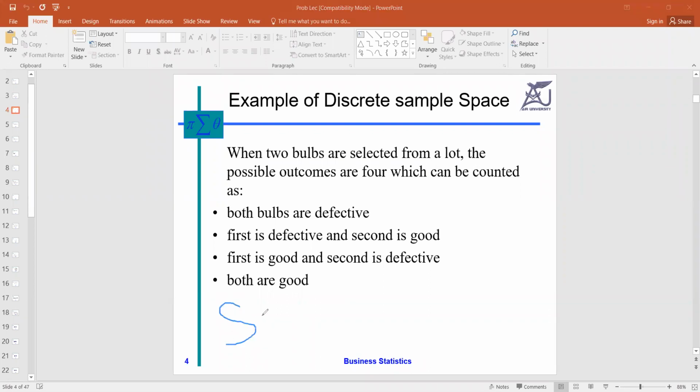If I write S equals curly braces, and denote the letter D for defective, both defective is DD. If the first element is defective but the second one is good, we write it as DG. If the first one is good but the second selected is defective, we write it as GD.